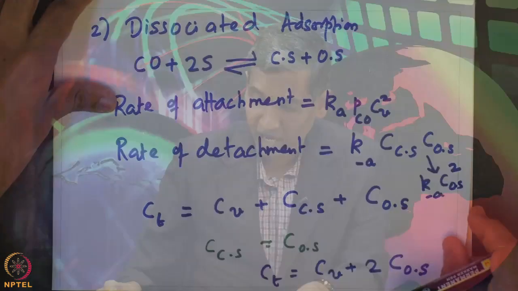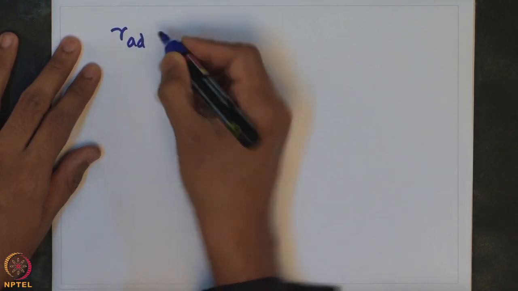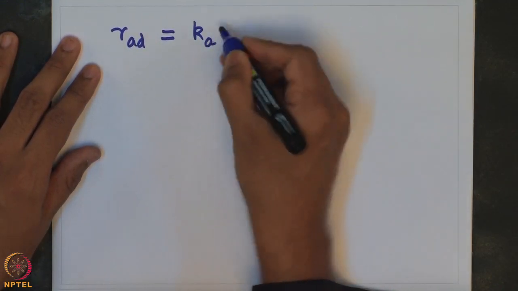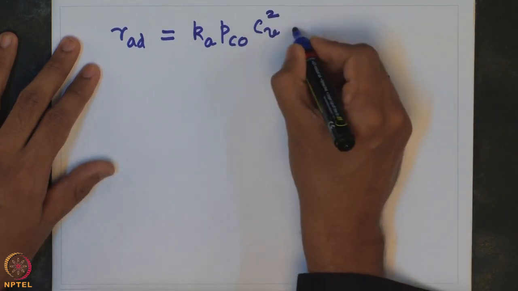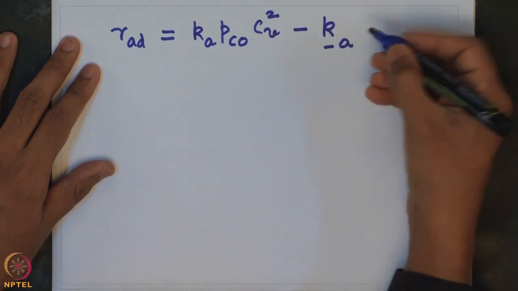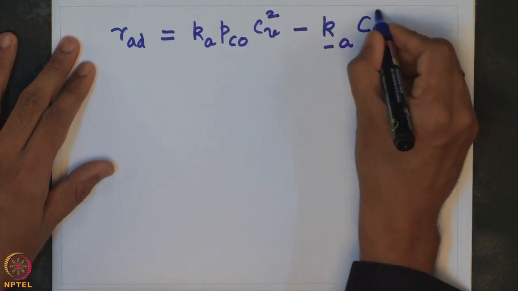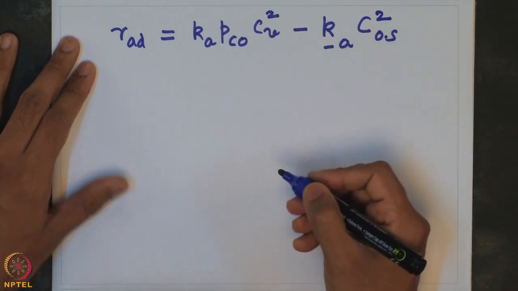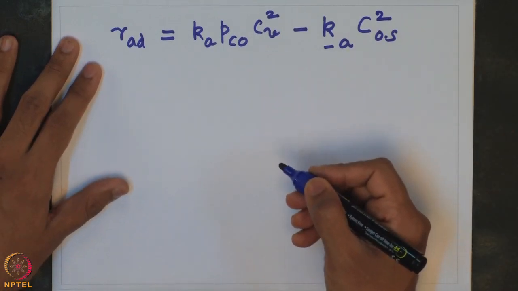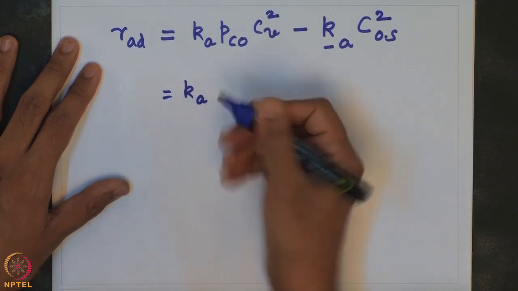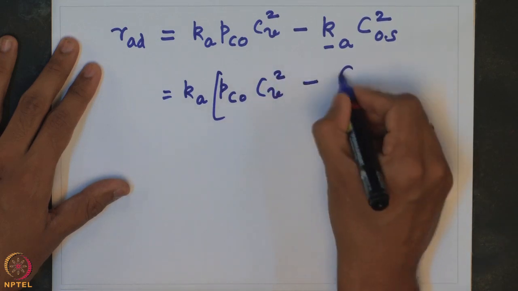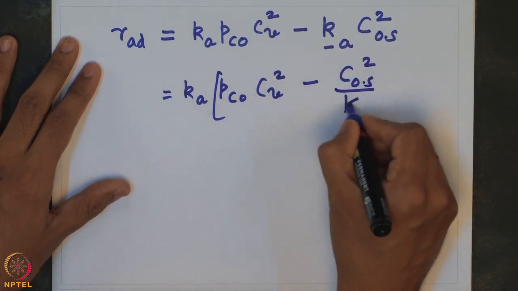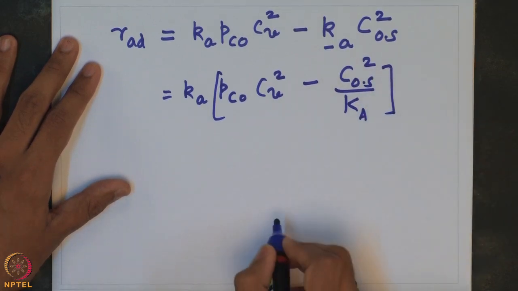Now let us plug these into the rate. I can write the rate of adsorption as Ka into PCO into Cv square minus K minus A into Cos square, which I can rewrite as Ka into PCO into Cv square minus Cos square divided by the adsorption equilibrium constant.